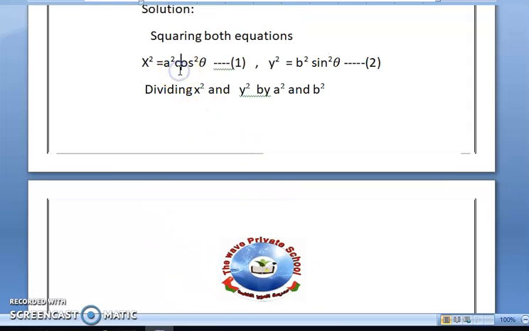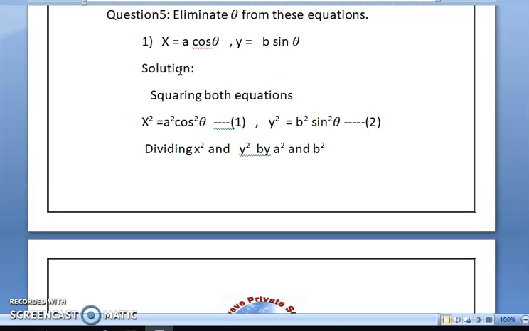First of all, in order to solve this, we have to take the square on both sides and give a name to the equations. x is equal to a cos theta is equation 1, and y is equal to b sin theta is equation number 2, and we just square them. x square is equal to a square cos square theta, y square is equal to b square sin square theta.